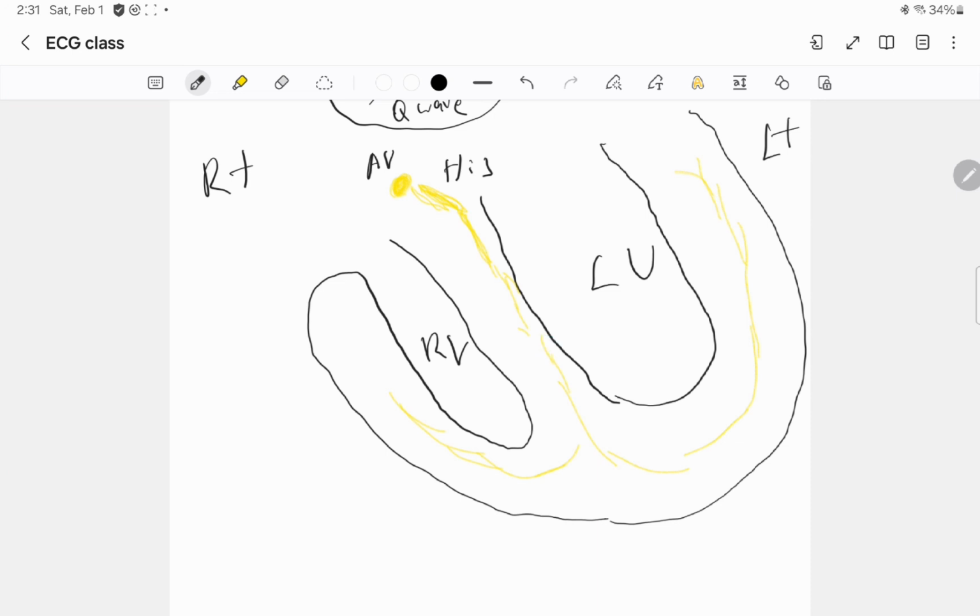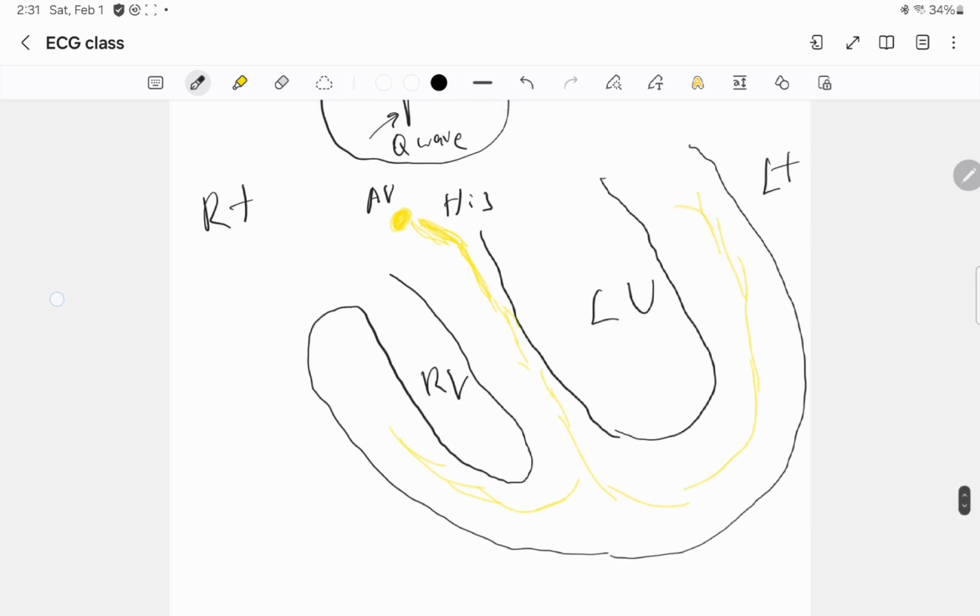The initial conducting fibers are located in the ventricular septum. The left ventricle is a larger chamber and a larger mass of myocardial tissue than the right ventricle.